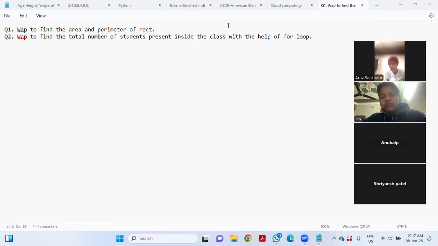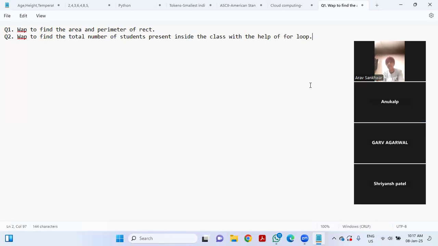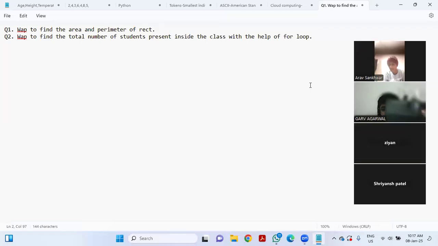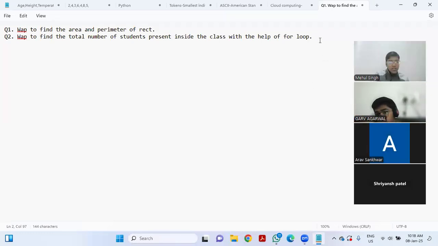You have to do these two programs in a system and write in your computer notebook. Just take a screenshot quickly. Less than 1 minute left. Class is going to be over in a few seconds. Did you take the screenshot? Yes, sir.